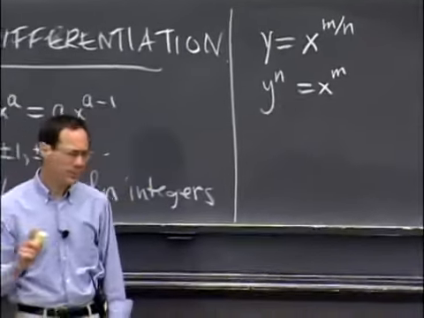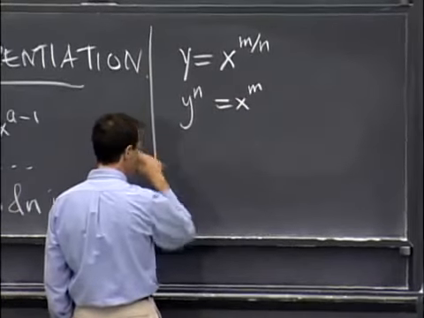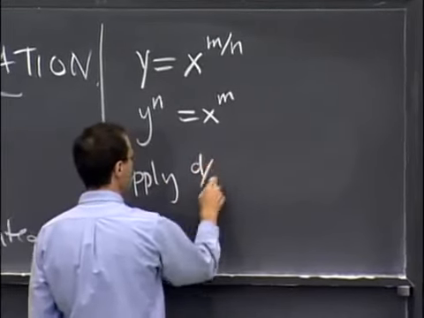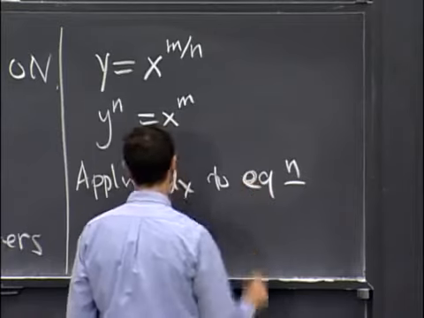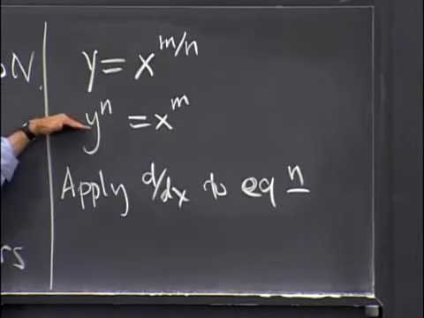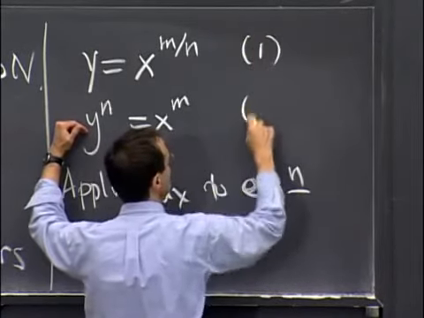And now what we're going to do is differentiate. So we're going to apply d by dx to the equation. Now, why is it that we can apply it to the second equation, not the first equation? So maybe I should call these equation 1 and equation 2.